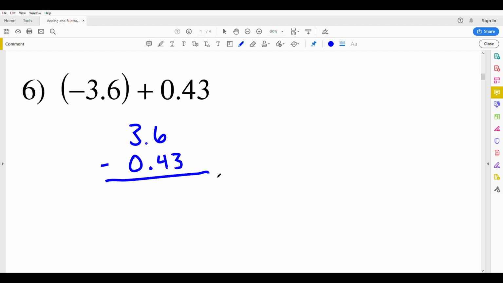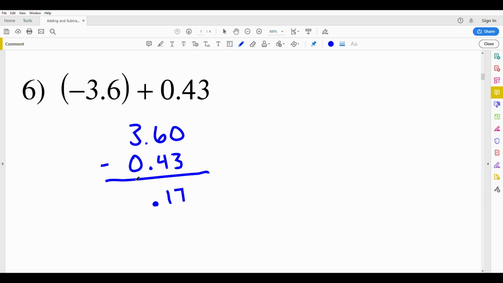0.43. Essentially what I did is I made this positive and I made this negative, but remember, that's the opposite of what I was given. So 3.6 minus 0.43, well, 0.60 minus 0.43 is going to give me a 0.17, or 17 hundredths.